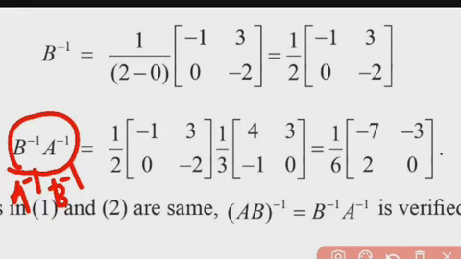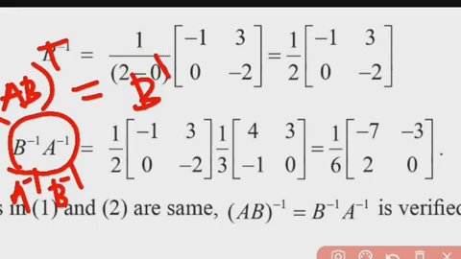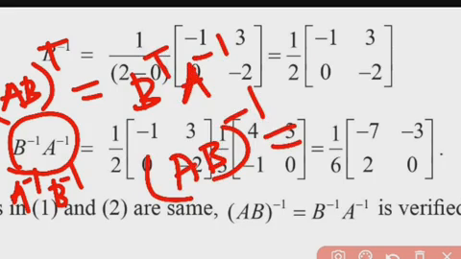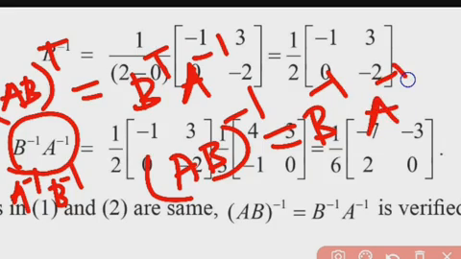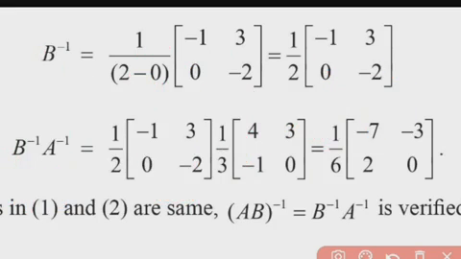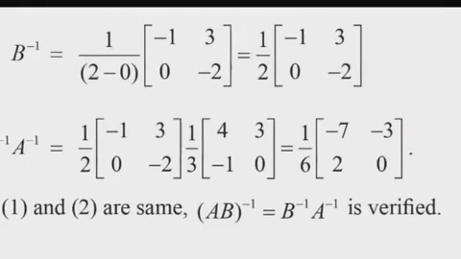Like we know that (AB) whole transpose equals B transpose into A transpose, like that, (AB) whole inverse equals B inverse into A inverse. If you multiply B inverse into A inverse, it is usual matrix multiplication.